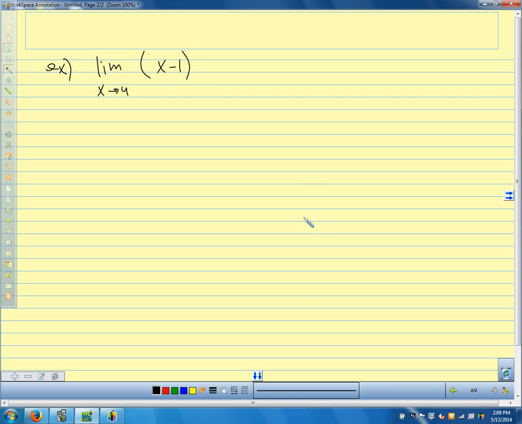So we're just going to make a table of values. We're going to have x and f of x, and I'm just going to plug some numbers in and calculate. So here is our x equals 4, and I want to know what f of x gets close to as x gets close to 4.